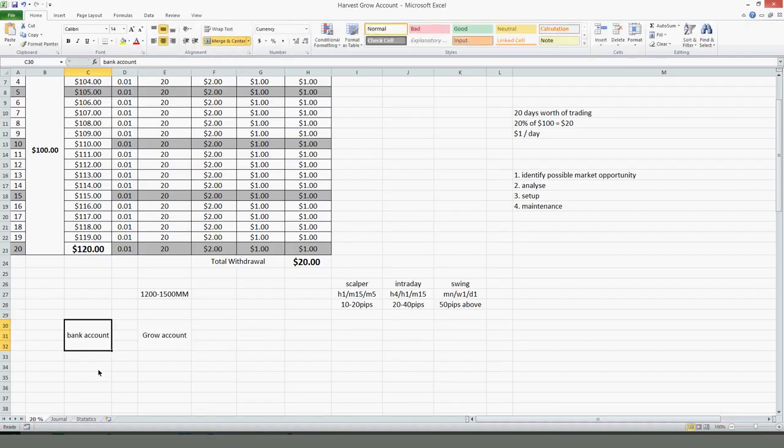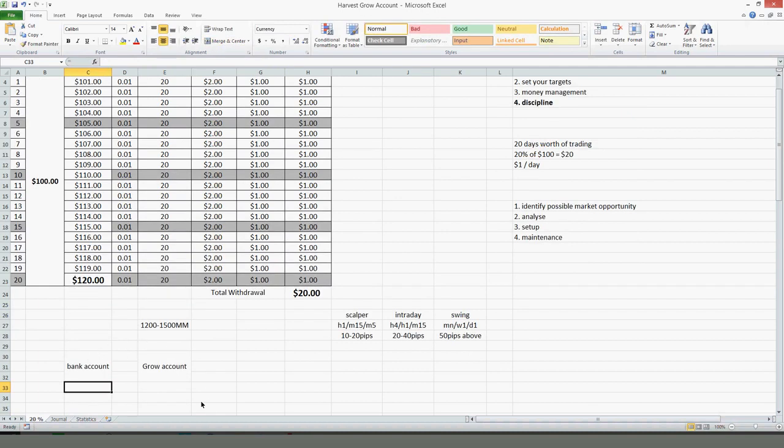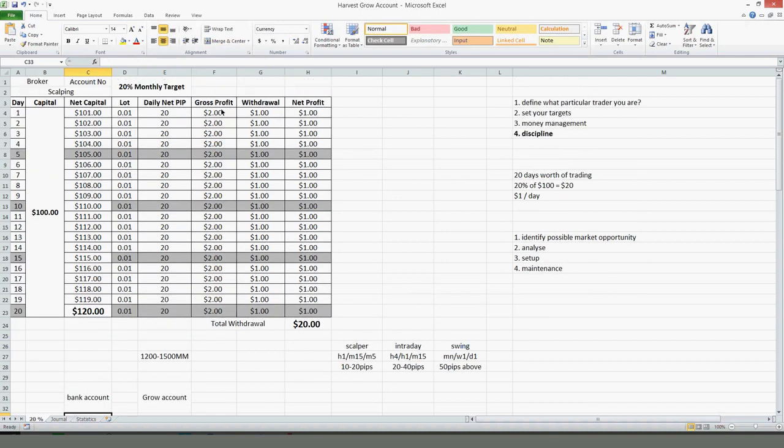So obviously every day there should be $1 going into your bank account and also your grow account if you constantly earn about 20 pips a day. That entails that $1 you'll put in your grow account, and the other dollar you will put in your withdrawal, which is your bank account.